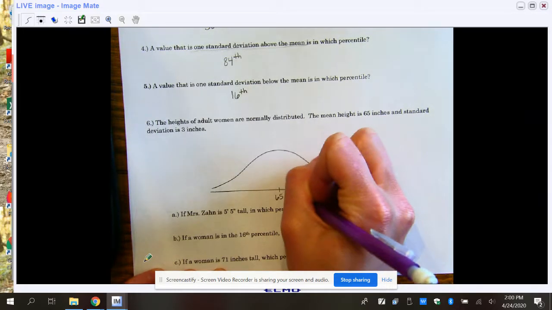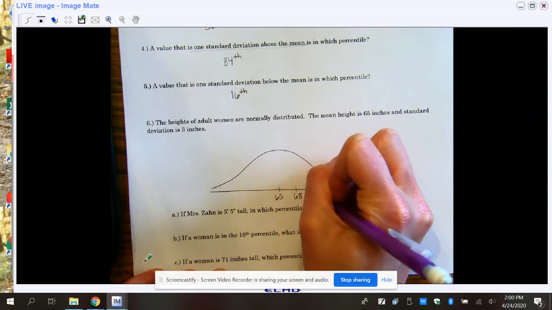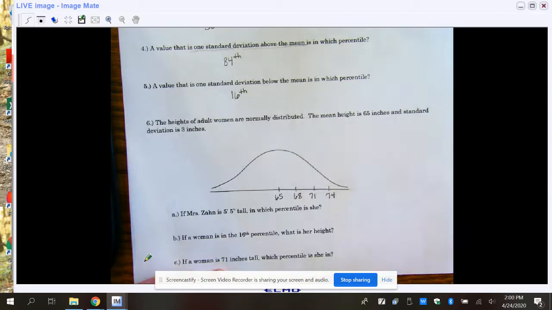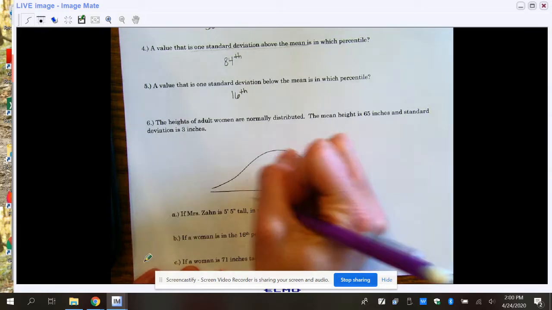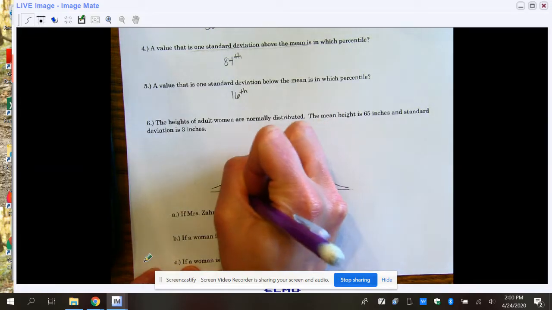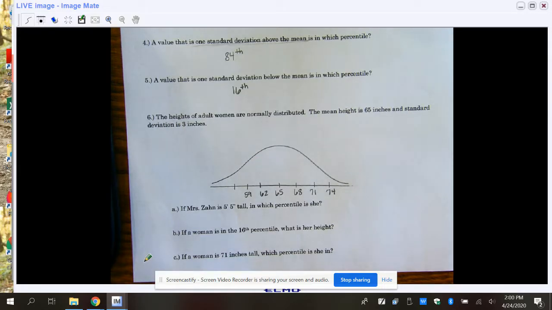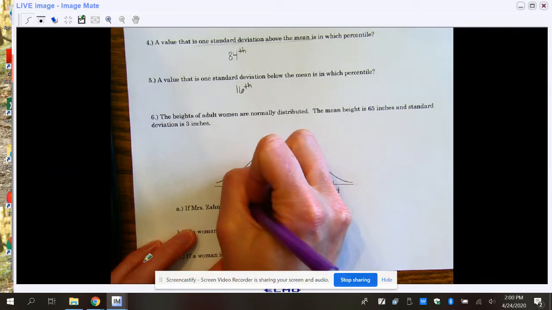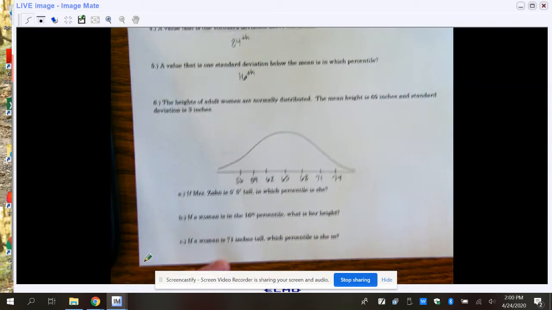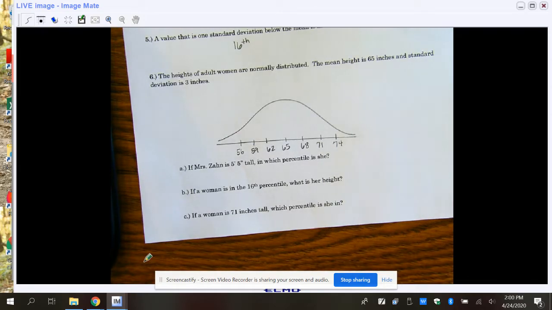So 1, 2, 3. So that would be 68, 71, and 74. And then 1, 2, 3. So then this would be 62, 59, and 56.